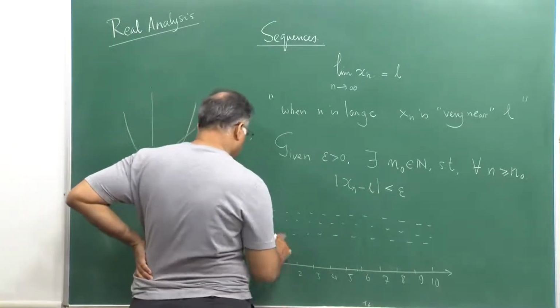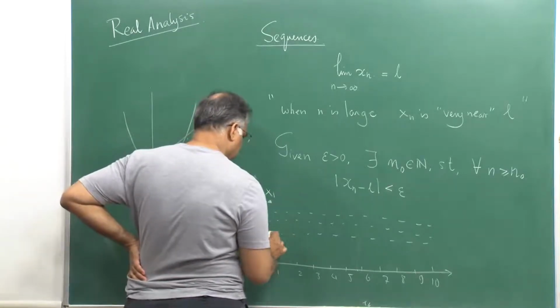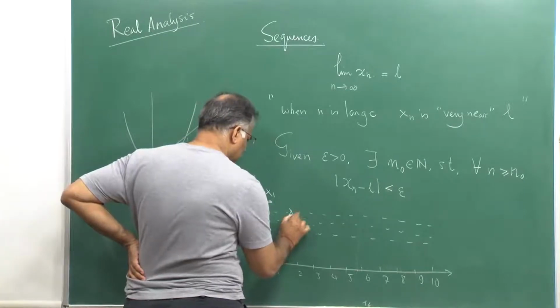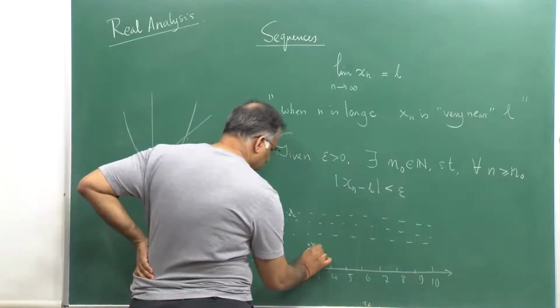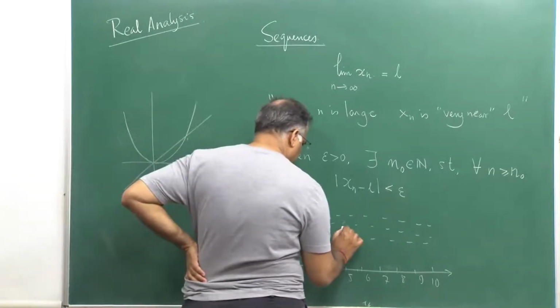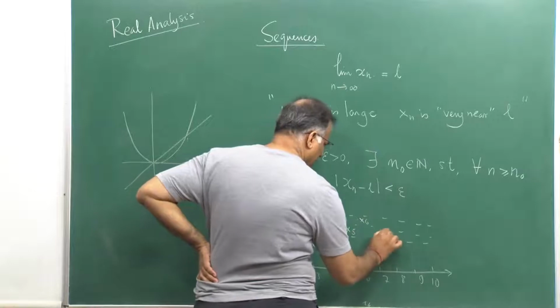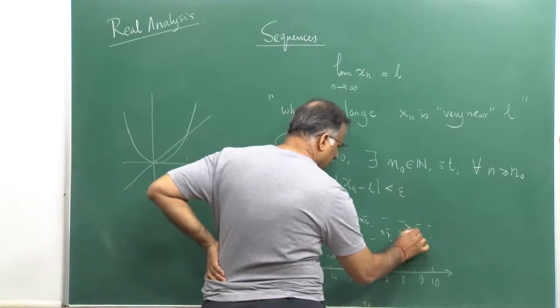Now suppose x1 is here, then x2 is here within this band, and then x3 is here, x4 is here, and then x5, x6, x7, x8, x9, and so on.